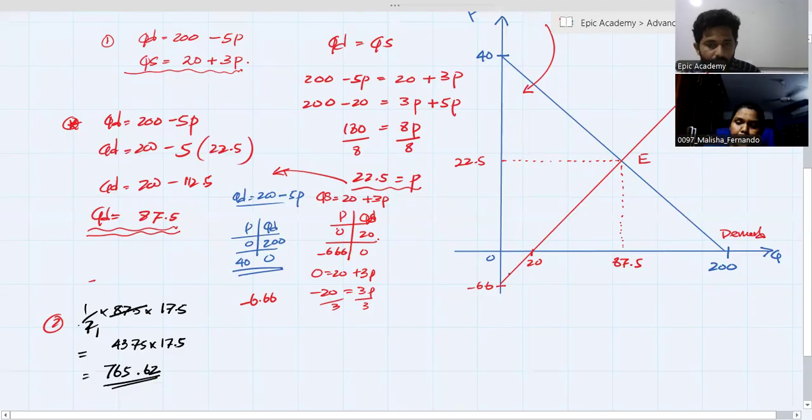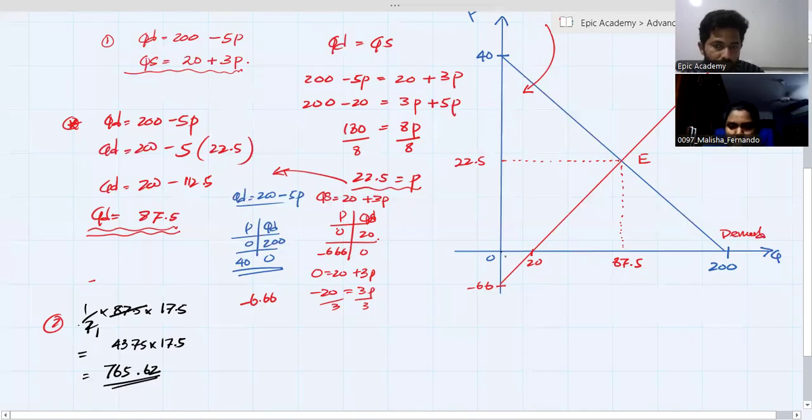But here, you can identify that the supplier starts to supply when the price equals 0 at 20. Quantity starts from 20. I mean, when the price of a certain commodity changes from 0 to any amount, they are going to start the supply from the 20 amount. That's the meaning of this one.